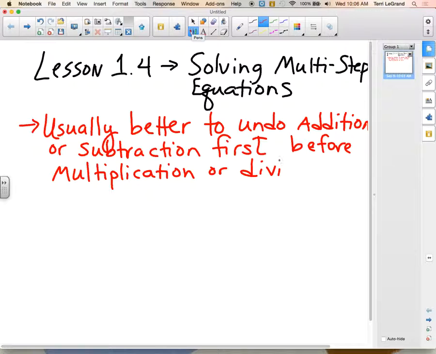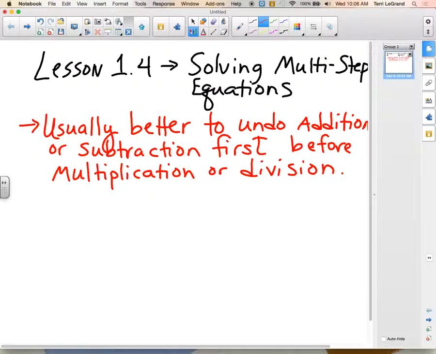And I'm going to show you a problem. We're going to do it both ways, and then you'll see why I make this statement. Usually better to undo addition or subtraction first before multiplication or division. Now, remember, in order of operations, when we're evaluating an expression, what comes first? Does addition and subtraction come before multiplication and division?